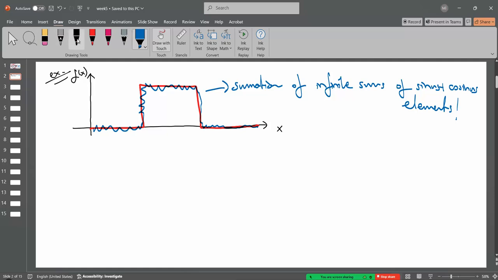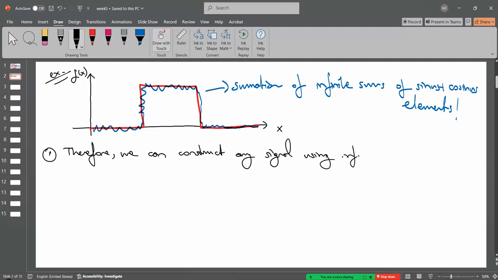Okay. Therefore, as we conclude, we can construct any signal using infinite sinus plus cosinus, okay?